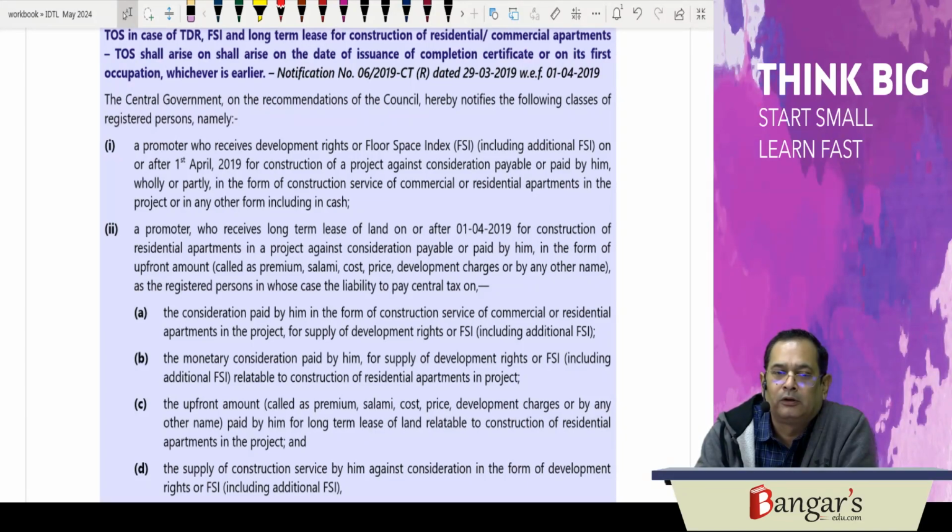It may be called premium, salami, cost price, development charge, or by any other name.